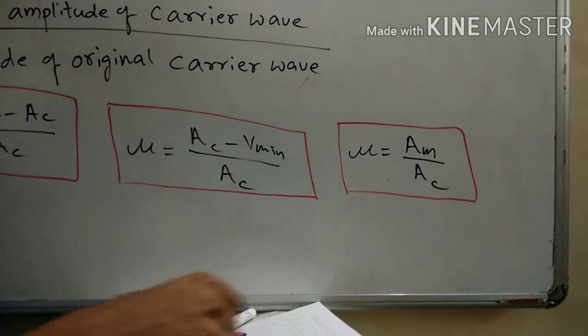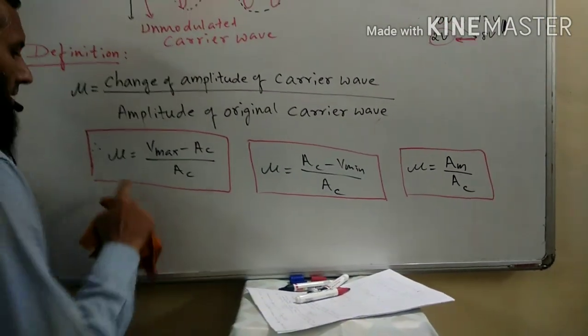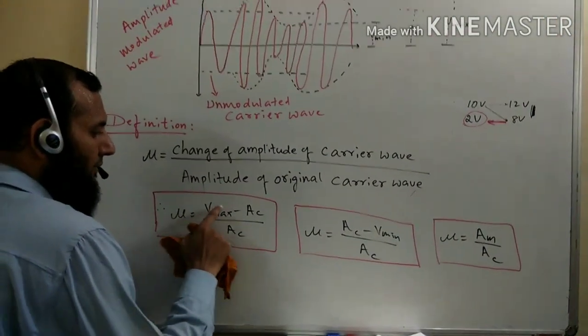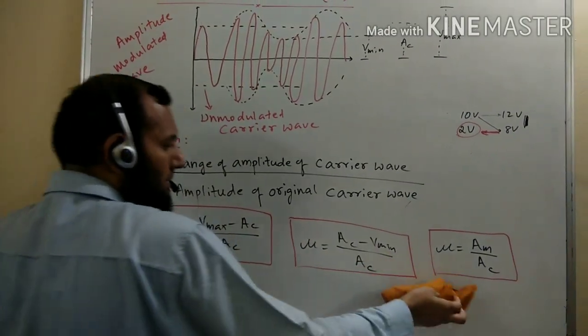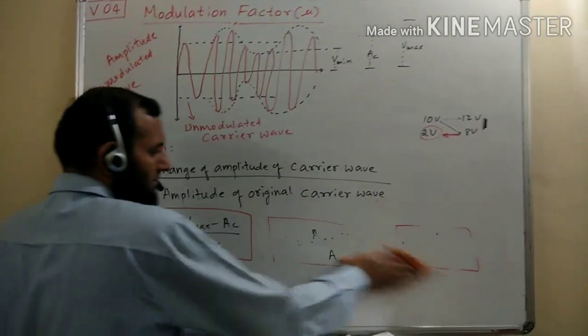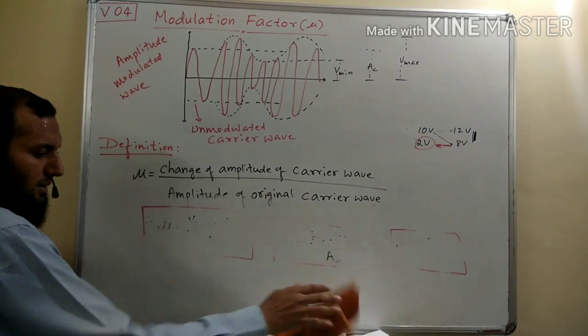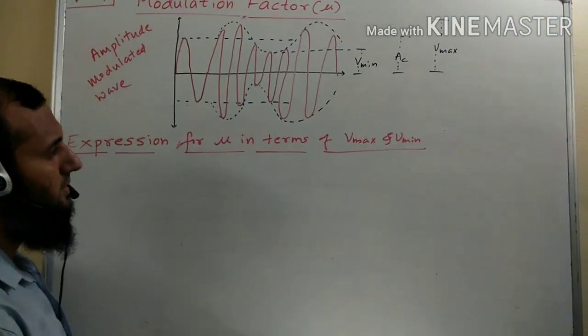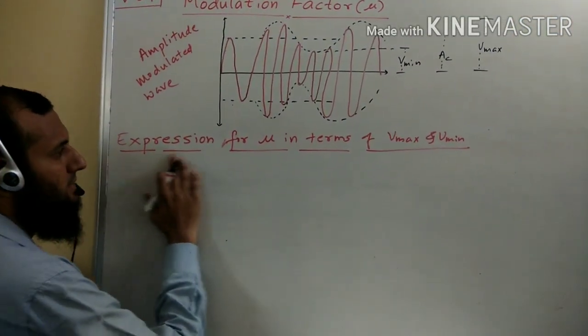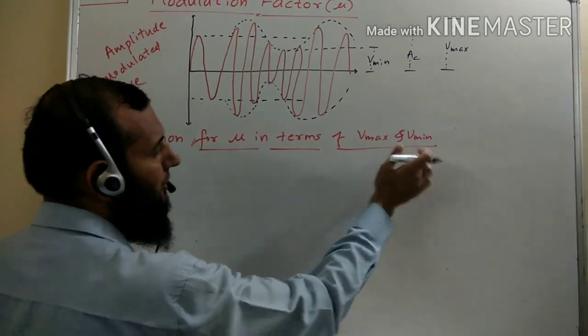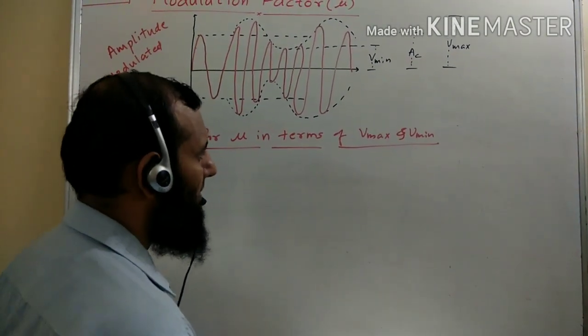There is one more expression, which is modulation index in terms of V maximum and V minimum. We'll see that now. Now let us derive an expression for mu in terms of V maximum and V minimum.